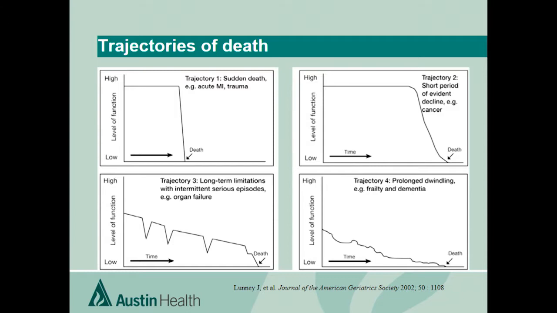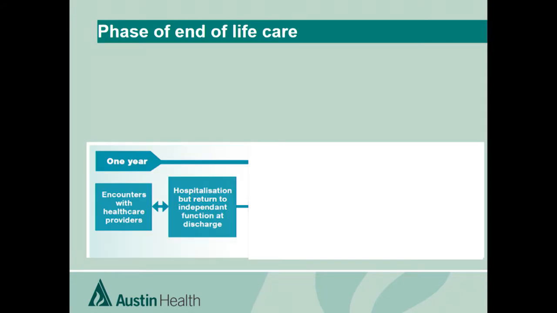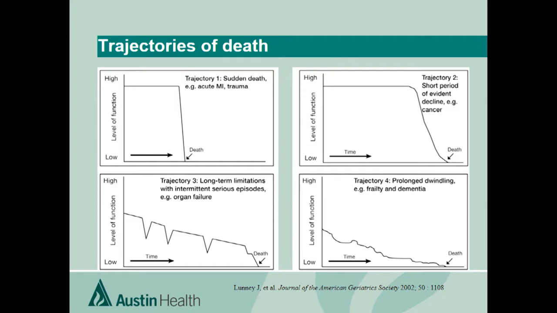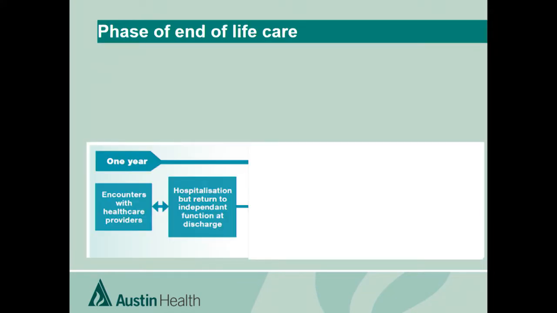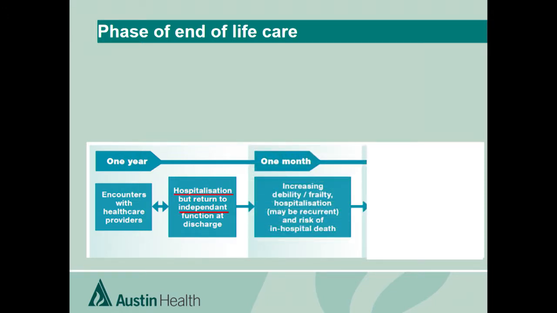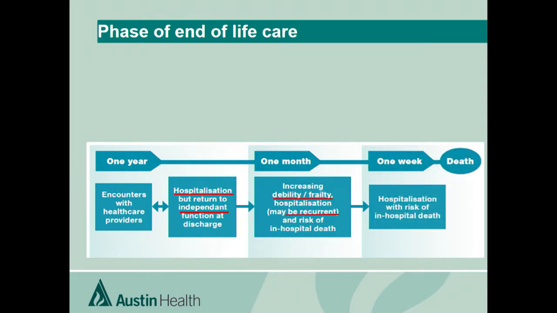And increasingly, people are using data sets to actually model these trajectories and look at who falls into each of the categories. And I presented this yesterday, but in that group where there is a predictable decline, I think we can start talking about 1 year, when patients come to hospital but they return to independent function, 1 month, where they have increasing debility, increasing hospitalisations, and they may actually die during one of those hospitalisations, and then the last week, in which they do obviously die in the hospital if it's their last week.